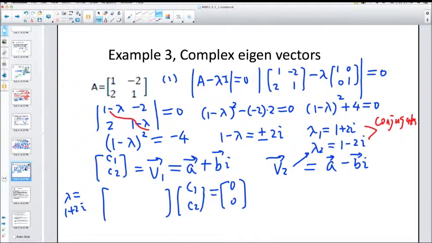What is inside? A minus lambda I, with lambda equals 1 plus 2i. Then 1 minus 1 is 0, it's negative 2i, negative 2. And the 2, and 1 cancel the 1 is minus 2i, that's negative 2i.